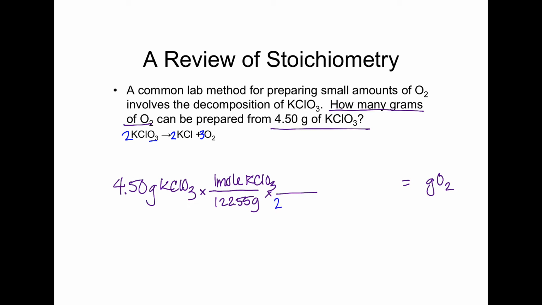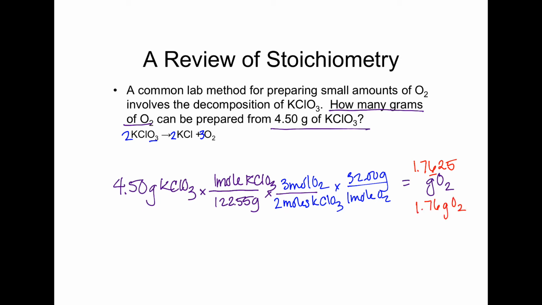There are 2 moles KClO3 for every 3 moles O2. And then 1 mole of O2 is 32 grams. So that's my molar mass of oxygen. Okay, my answer was this. It should have 3 sig figs, so 1.76 grams of O2.